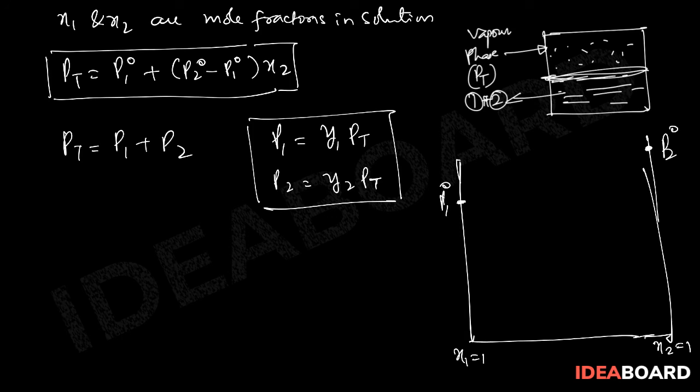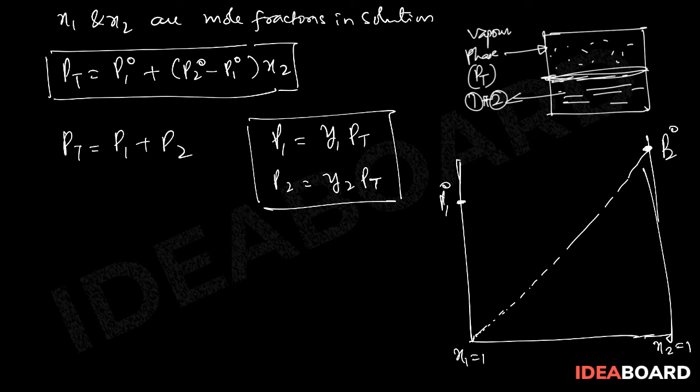Then what happens? x1 is 0. If x1 is 0, then the contribution of the first component towards the total pressure is also 0. So the graph should move from x1 equal to 0 to P2 naught, because that's the meaning when we say x1 equal to 0.